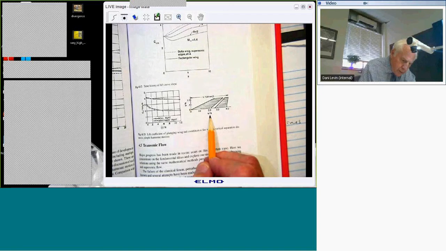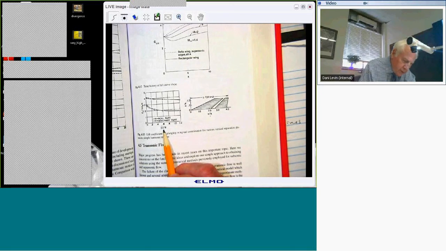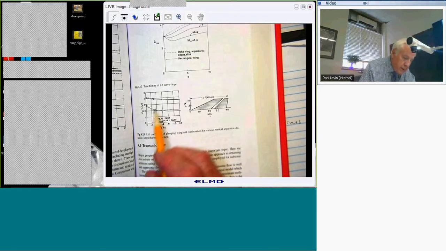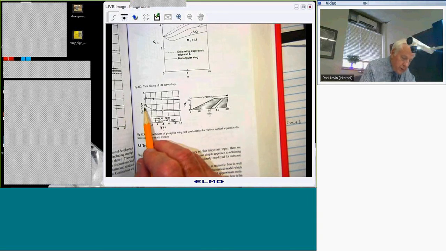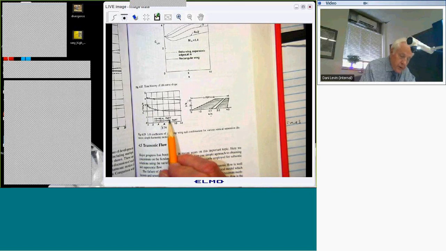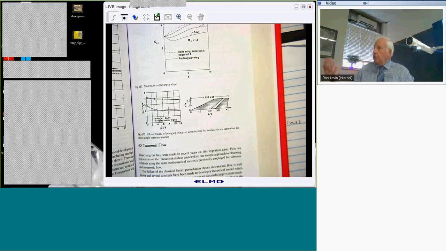Y is this way, x is this way. I don't think there's z. This must be a typo. Must be x. Anyway, we're plotting this versus x, I think, as real part and imaginary part, because it's in the frequency domain, so there's a phase shift. So there's both a real part and an imaginary part. And this is at some reduced frequency.